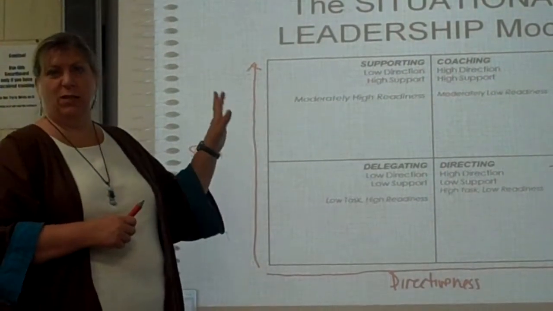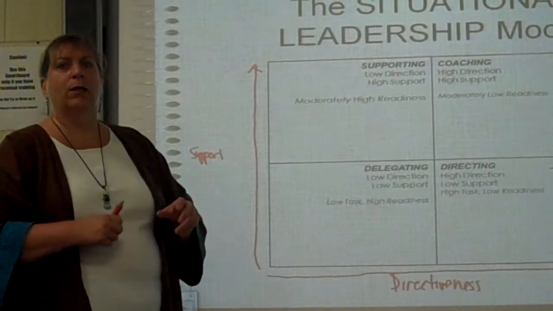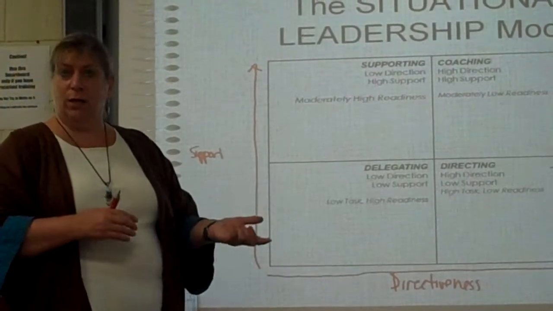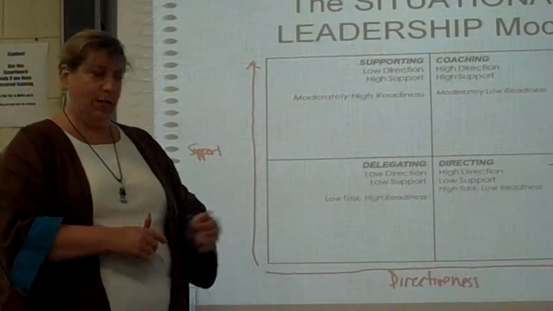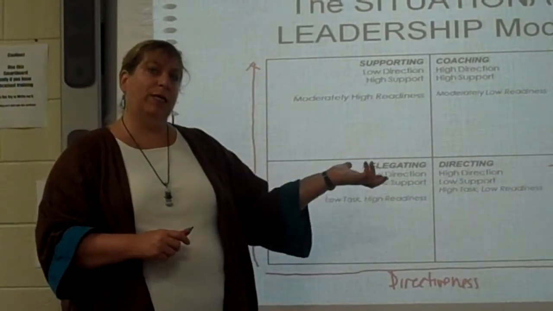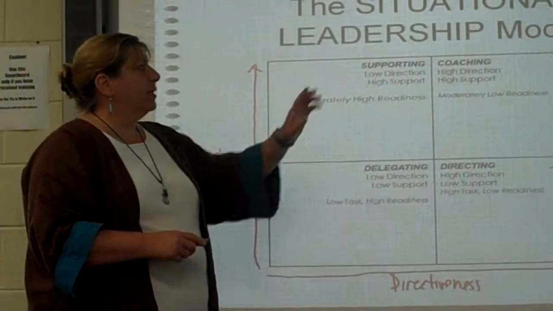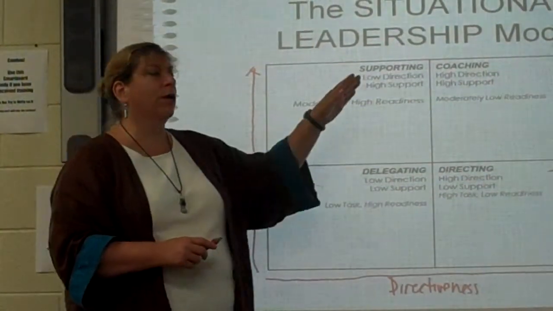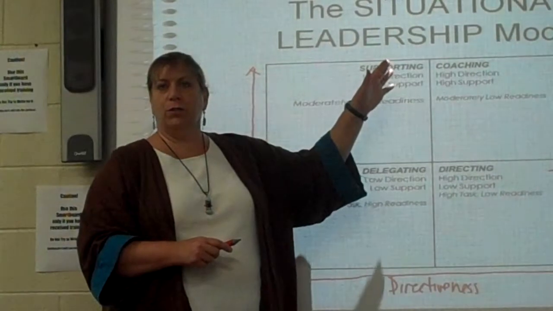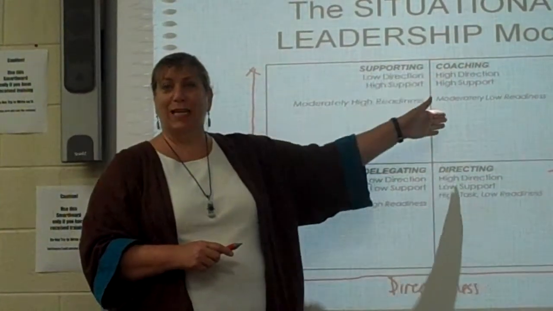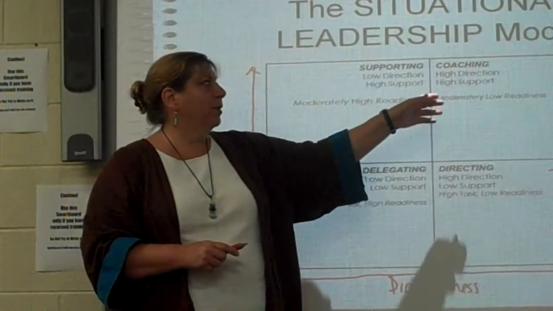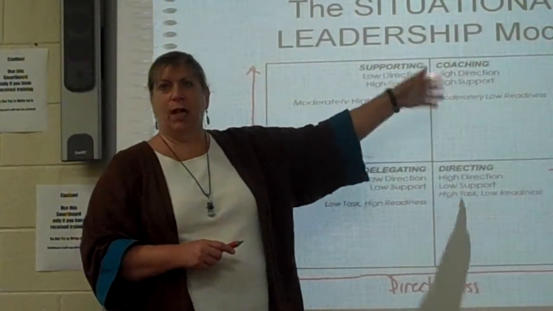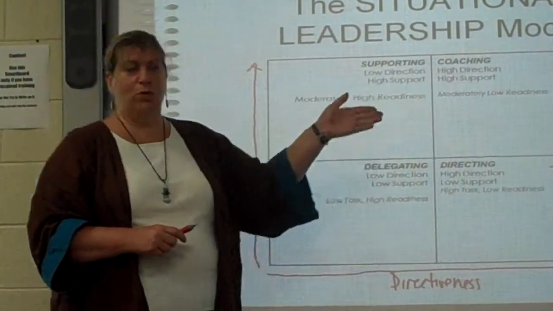That's really why this is called situational leadership. You lead based on what the situation is and what your employee needs are. This next quadrant is about coaching. It's where your supervisee or your employee, for the original model, needs a lot of direction and a lot of support, and that's where the coaching comes in.